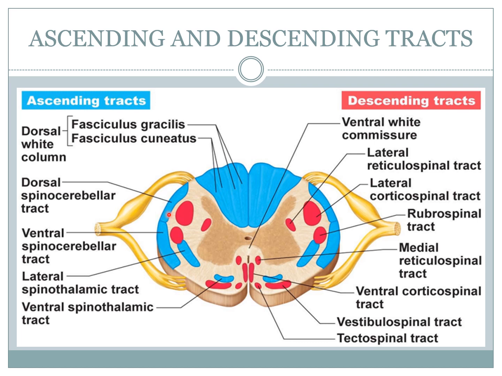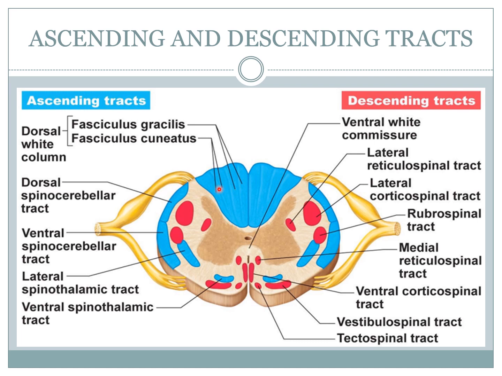There are anterior and posterior, or ventral and dorsal, spinocerebellar tracts. And there are lateral spinothalamic and ventral spinothalamic tracts. So anterior and lateral spinothalamic tracts, anterior and posterior spinocerebellar tracts, and fasciculus gracilis and fasciculus cuneatus.